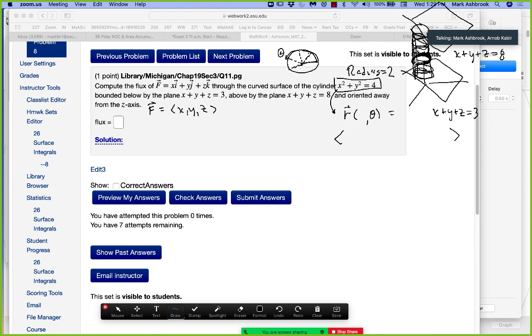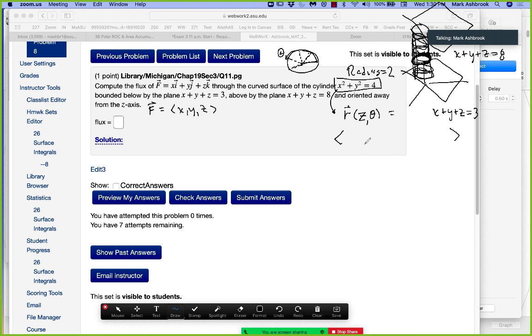So our other variable should be? Z. Someone said z and theta before, and they were right. Theta will get us every point around a circle, and then z will get us every circle. That gives us every point on the cylinder.